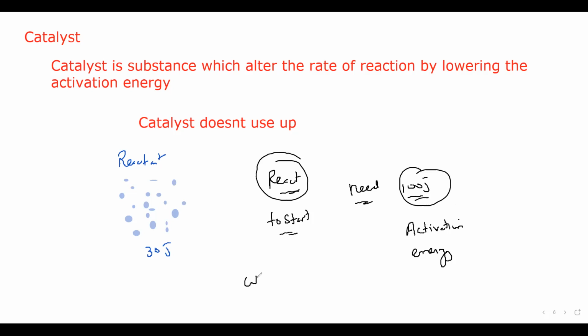But with a catalyst, it needs only, for example, 20 joules of energy to react. Because the use of the catalyst lowers the activation energy, the substance will react and form a product.